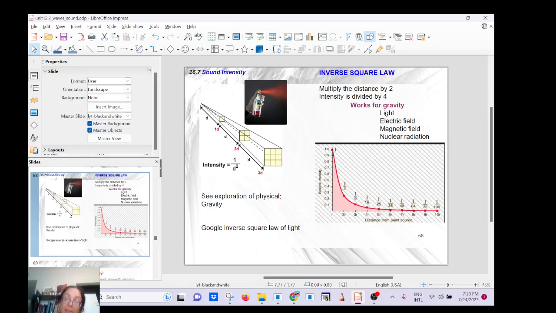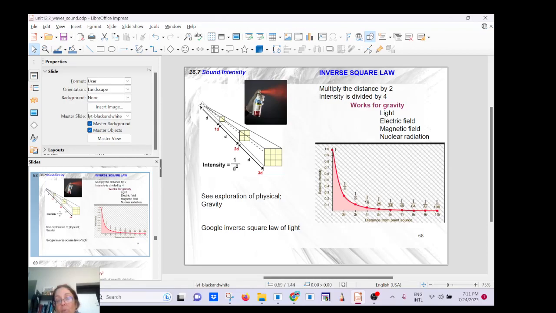Magnetic field, light is also carrying energy. So if you multiply the distance by 2, you're going to have 4 times less energy flowing through the same area. If you have your sensor here and the same sensor there, you're going to detect 4 times less energy flowing through it.